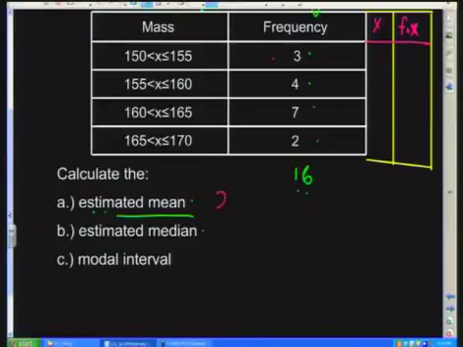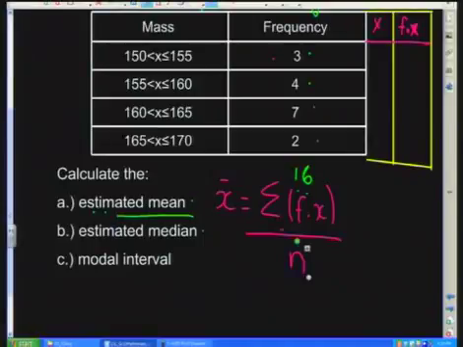Your mean, x bar, is equal to the sum of the frequencies times the midpoint of the intervals divided by n. So you see it's slightly different from your discrete data where we just said it's the sum of all the values divided by n. Here we've got to actually take the frequency times the midpoint x, and then, in fact this should be a big X, we divide the whole thing by n.